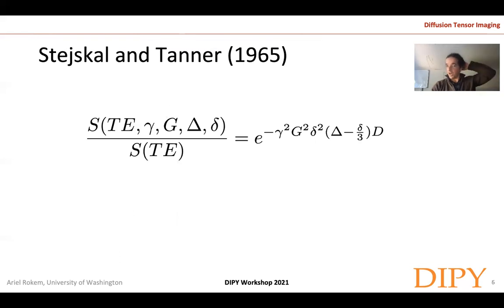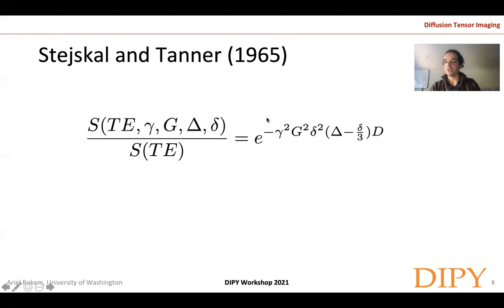So in 1965, Stejskal and Tanner defined what I'll call the diffusion tensor model, but in one dimension. This is the Stejskal-Tanner equation. This Stejskal-Tanner equation tells us how the signal changes as a function of these various parameters of the pulse gradient spin echo experiment.